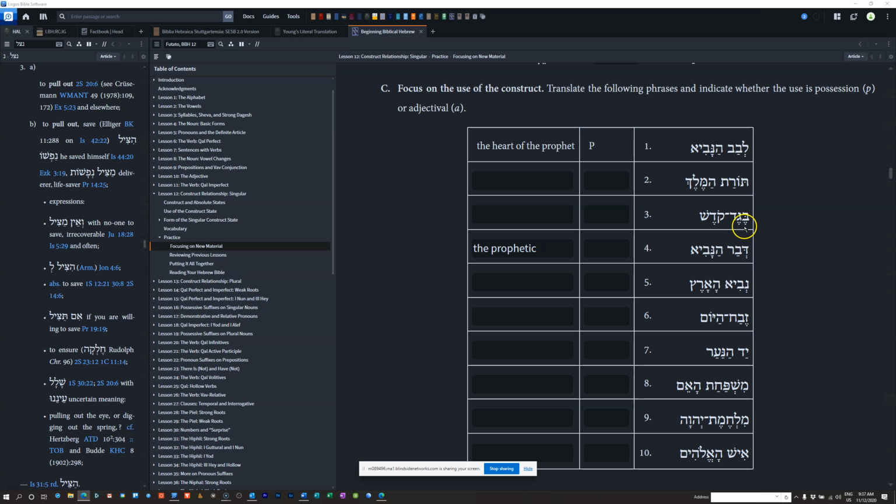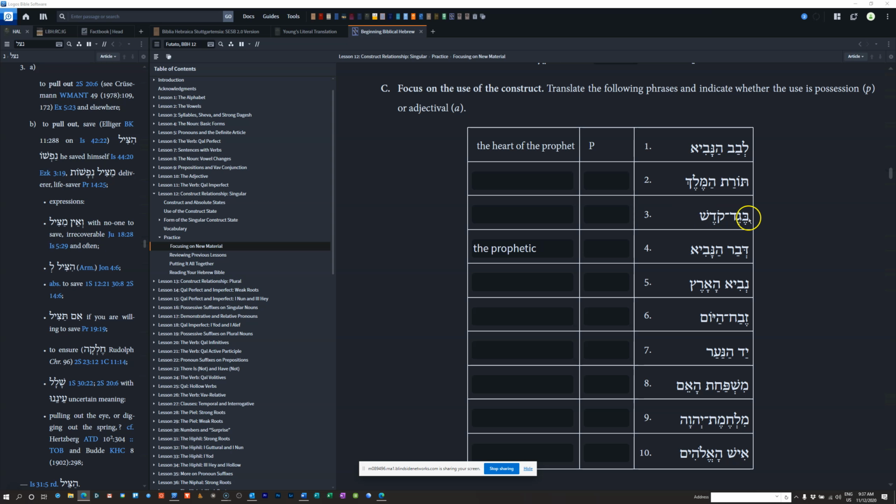Number 3, we've got beged kodesh. Again, we have to check the absolute to find the definiteness. There's nothing about kodesh here that makes it definite. There's no article, no possessive suffix or anything.